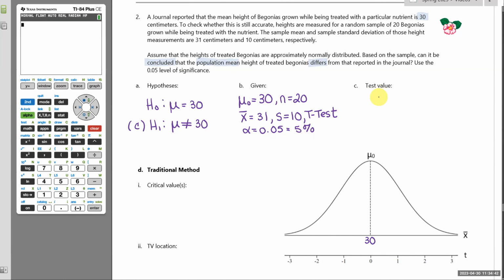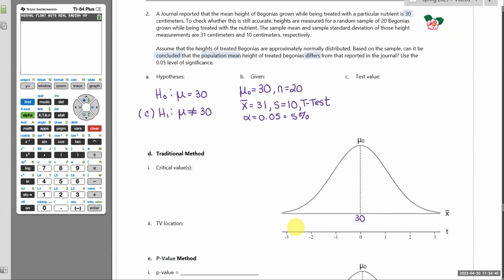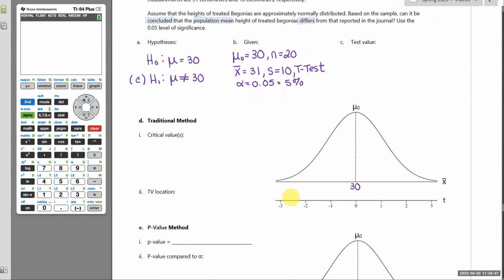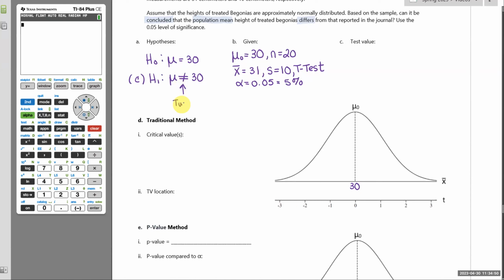All right, before I do the test value, I just want to focus on traditional methods set up first. So anytime it's a not equal to, it is a two-tailed test. To find the critical value, we can use the table, or you can use inverse t if you have it. So I'm just going to mention here that on your t table, you look at the column.